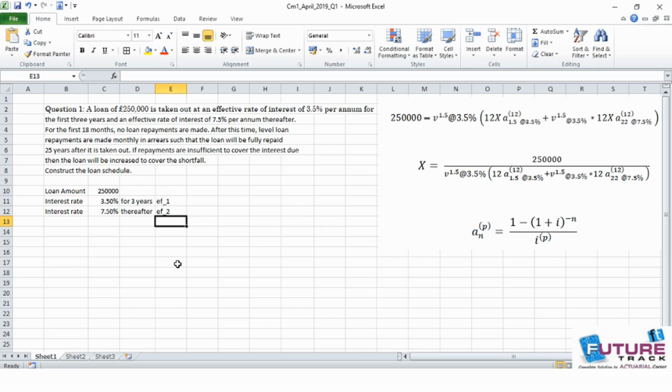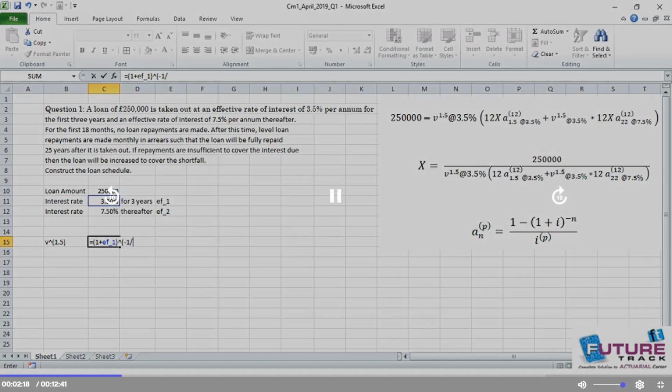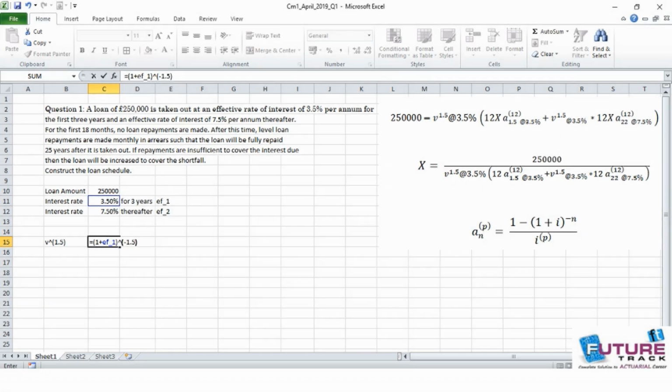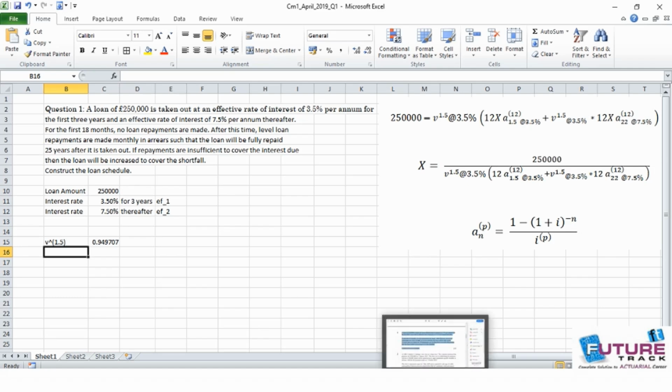Now let's first find v raised to power 1.5. So v raised to power 1.5 is (1 plus first rate of interest) raised to power minus 1.5. Fine. So this is my effective rate of interest for 3.5%.